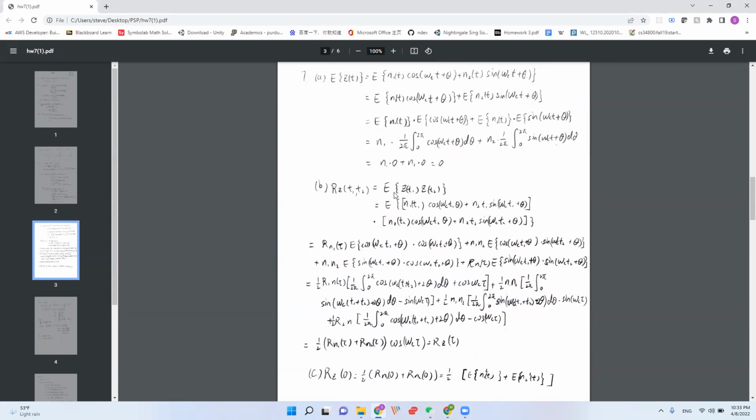R_Z(t1, t2) is the expected value of Z(t1) times Z(t2), and we plug in the equation here. We know that a constant inside the expected value or outside the expected value doesn't matter, so I'll just put it in. N1 and N2 were also put in over here, and the rest of the expression stays the same.